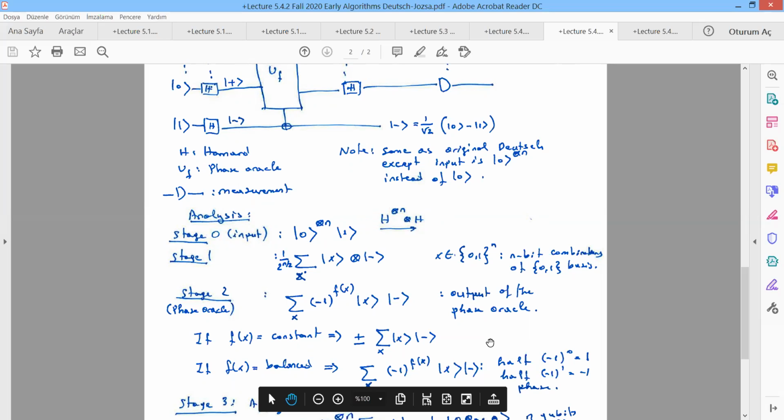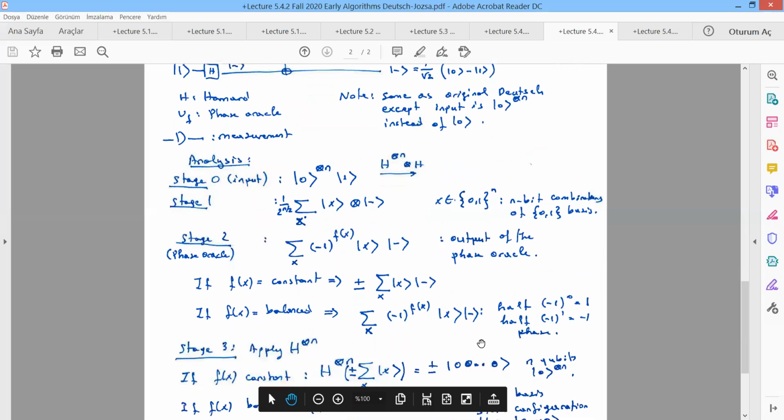So depending on the value of x, we have (-1) to the 0 or (-1) to the 1. In the previous case, when f of x is constant, we have either a plus x state or a minus x state. But when f of x is balanced, we have all the other states.